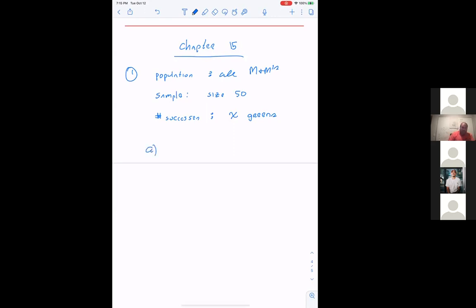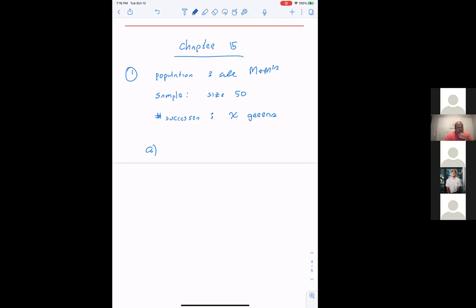Okay, well, without the actual numbers, we can still answer the following questions. Question A. Is the proportion of green candies in your sample a parameter or a statistic? Parameter.